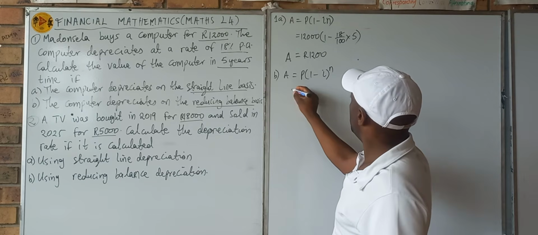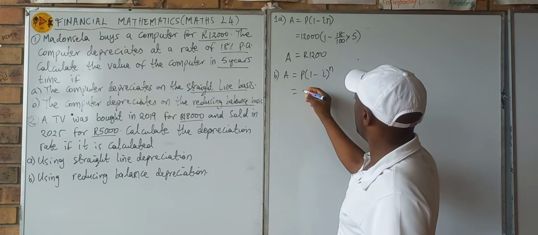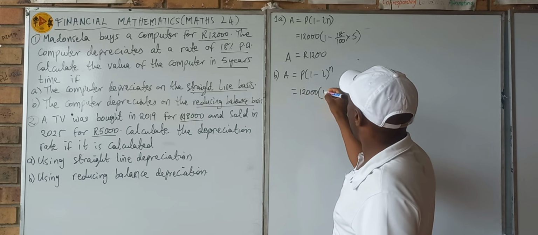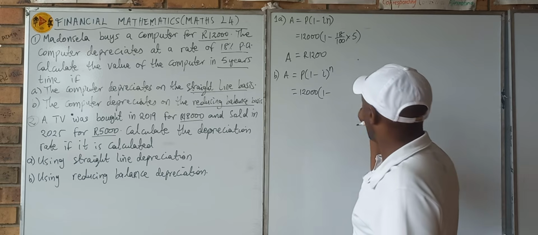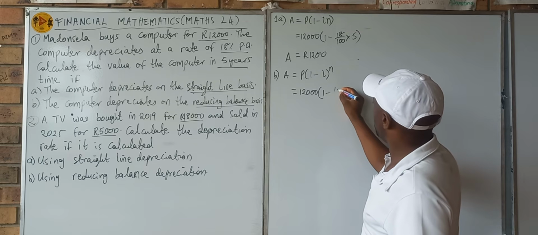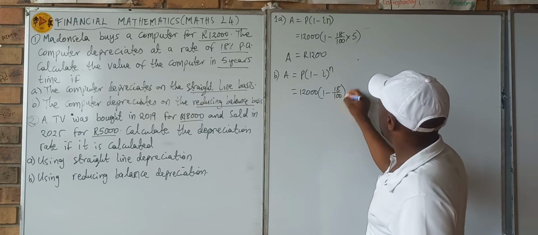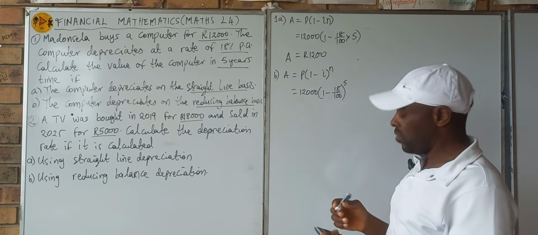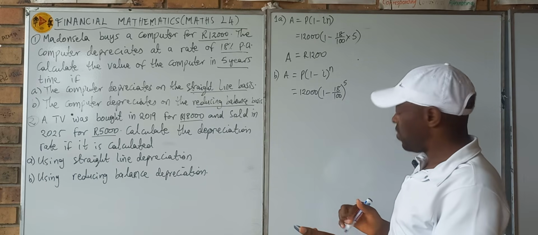If we move on, we have our 12,000 there, in bracket 1 minus I, the depreciation rate stays at 18%, and the number of years is 5, so we capture that calculation.